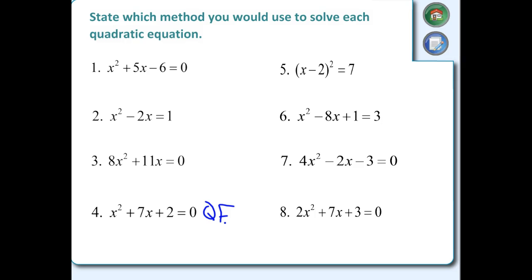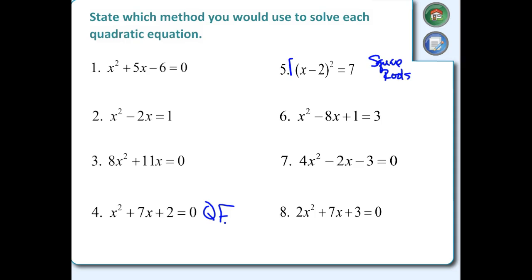Now, let's look at number 5. If you look at number 5, there's really only one choice for me to solve that equation. Did you notice I've got x minus 2 in parentheses squared? So here we've got to use square roots. We've got to solve a perfect square by using square roots.